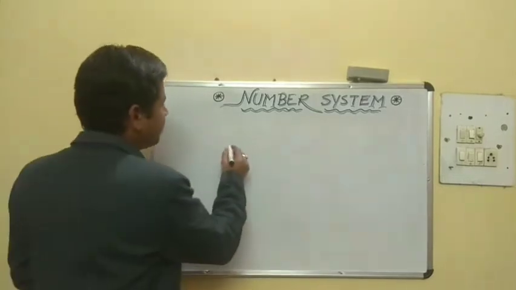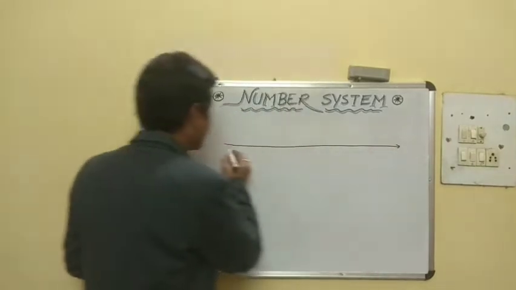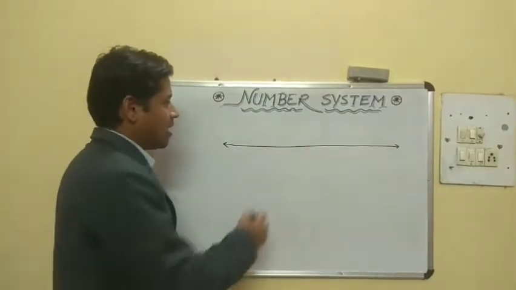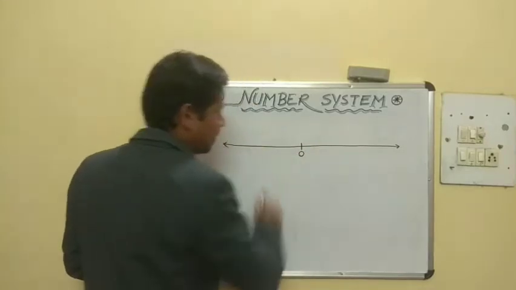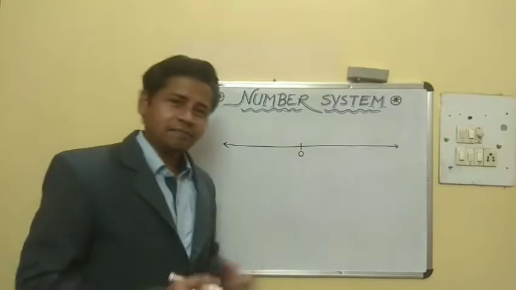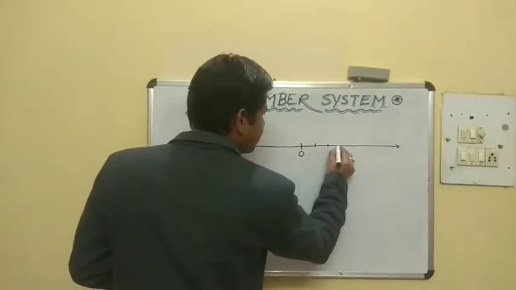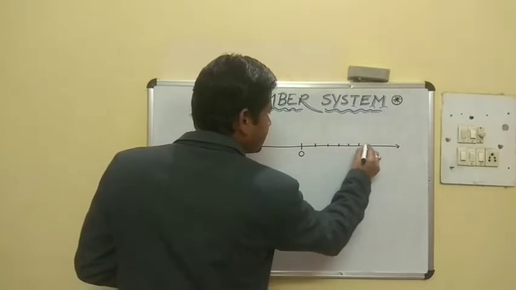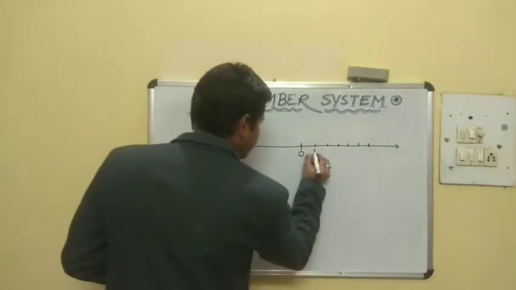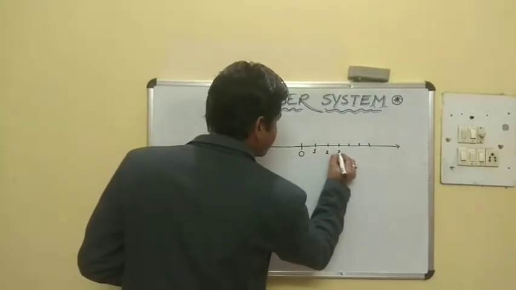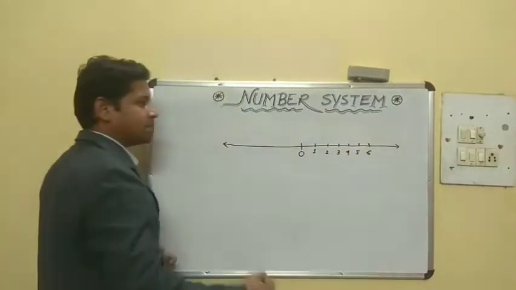If there is a number line and you start your journey along this line, there are so many numbers you can see, such as 1, 2, 3, 4, 5, 6 and so on.